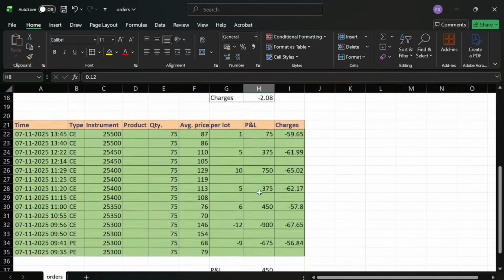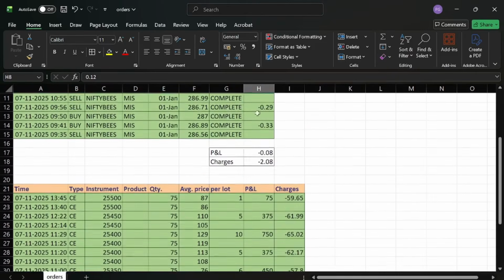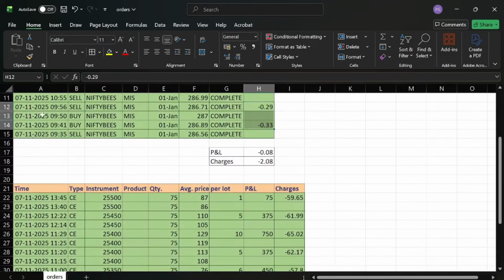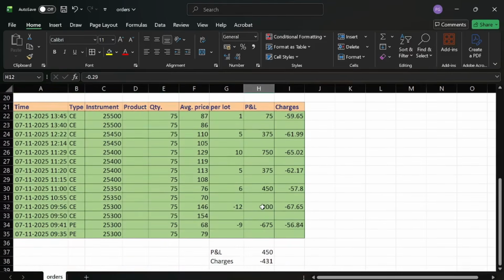Then for these 2 loss making trades, which are the first and second trades, I made 0.6, like 60 paisa loss. And if I had traded in the actual option, even with one lot, I would have made like 1575 loss, and with charges that's 1700 loss.